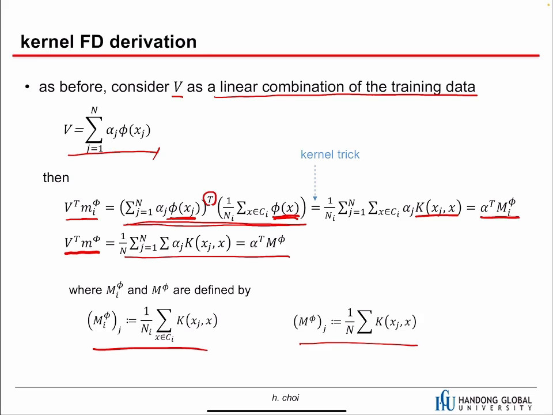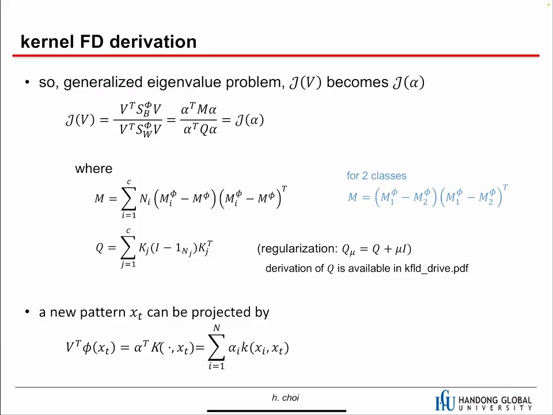Now we have a dual representation of this objective function, and we have to find alpha. Alpha is the generalized eigenvector from this Rayleigh quotient, and M is like this and Q is like this.